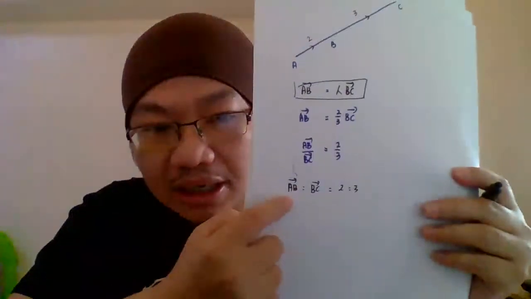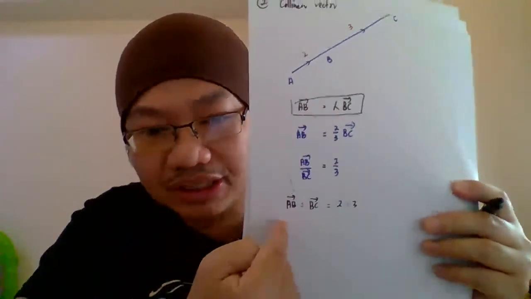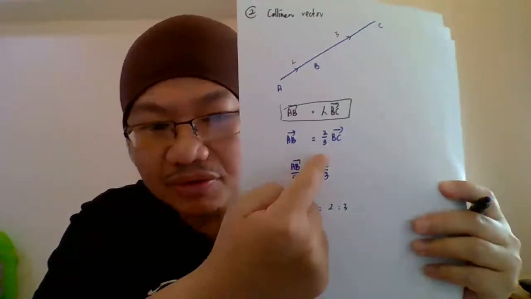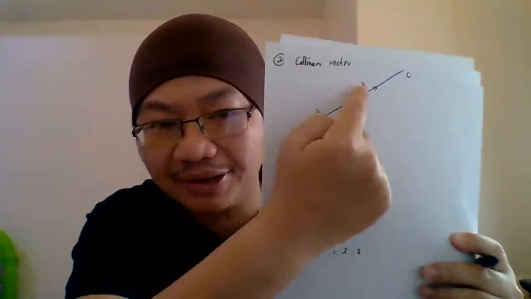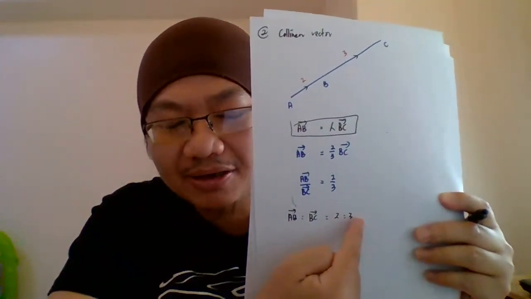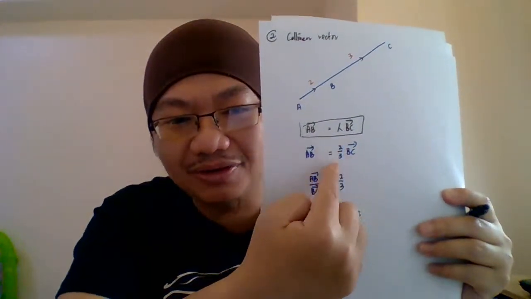Therefore, vector AB to vector BC is the ratio 2 to 3, so that's how I know the lambda is 2 over 3.